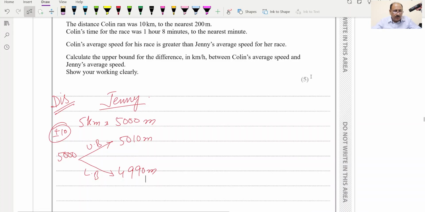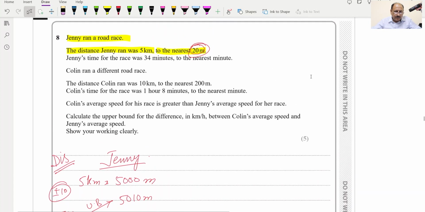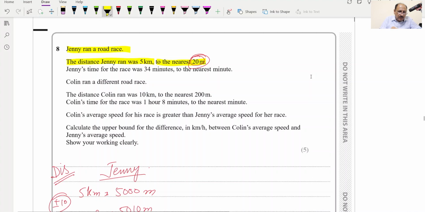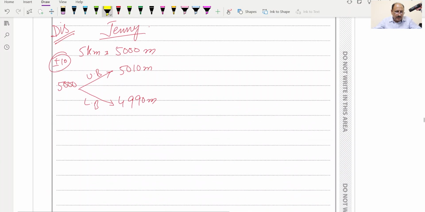So we have written distance, lower bound, upper bound for the case of Jenny, and time is what they're saying. Jenny's time for the race was 34 minutes to the nearest minute. So for time also we can write here, and this is 34 minutes.